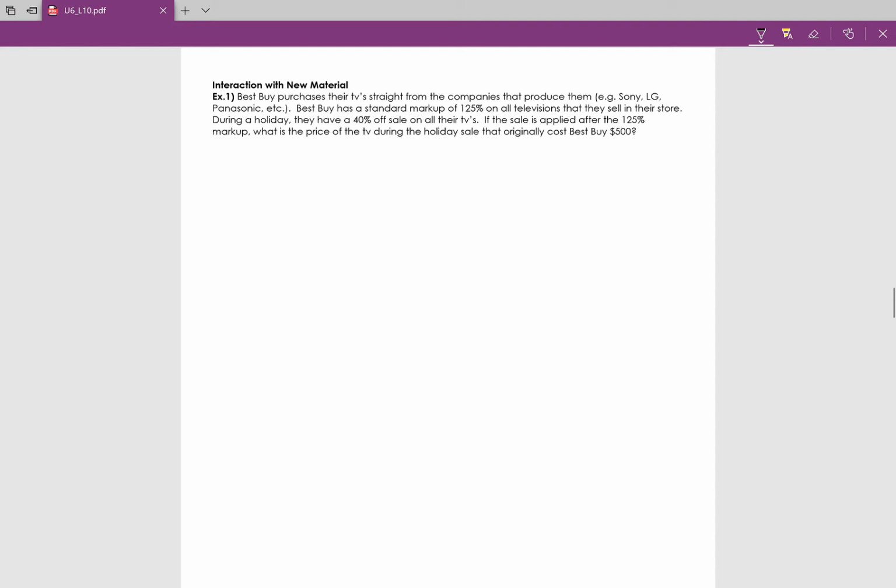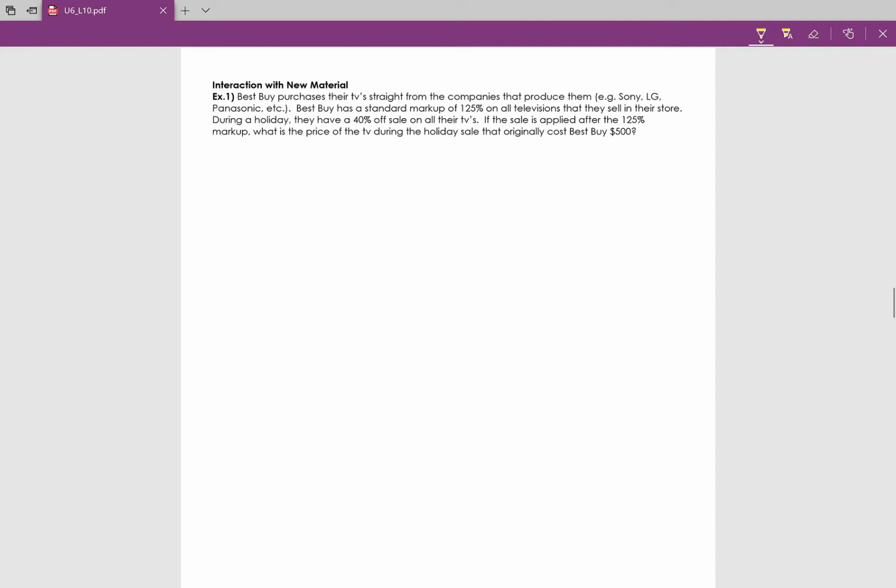Best Buy has a standard markup of 125% on all televisions that they sell in the store. During a holiday sale, they have a 40% off sale on all their TVs. If the sale is applied after the 125% markup, what is the price during the holiday sale for a TV that originally cost Best Buy $500? So there's a lot of information here.